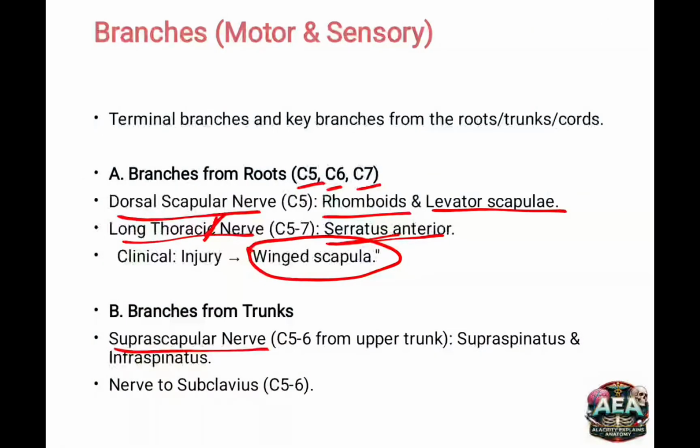We have the suprascapular nerve with root value C5 to C6 from the upper trunk. There are branches from the trunk, but this one arises specifically from the upper trunk.